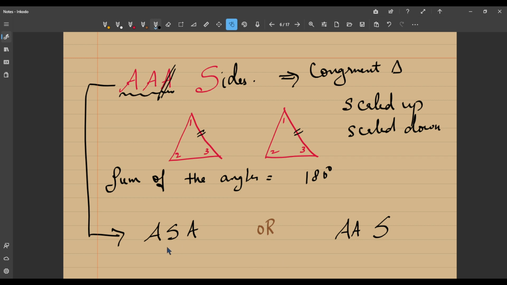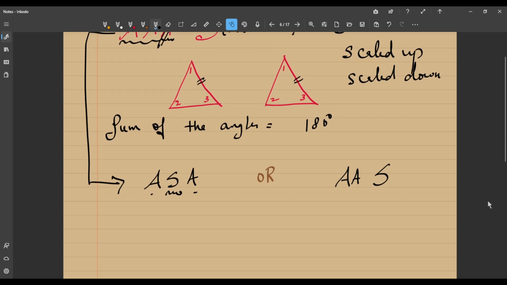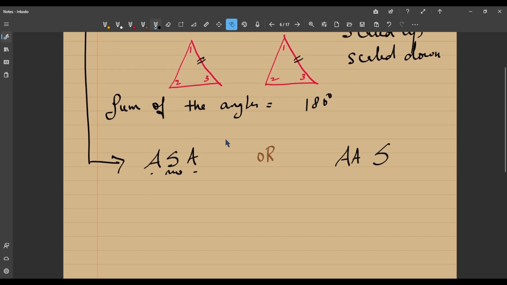It need not be the included side, because given two angles, the third angle is automatically the same, right? So you don't have to read these postulates differently as AAS or ASA. You can just say that if any two angles correspond to one another and one side is the same, then the triangles have to be congruent.